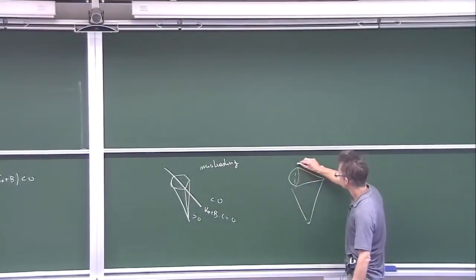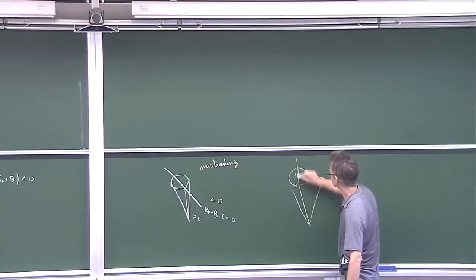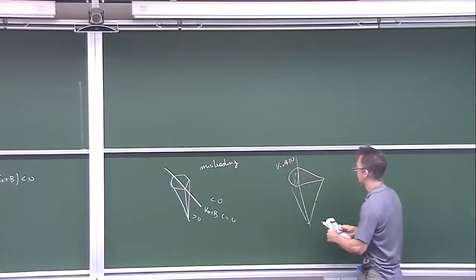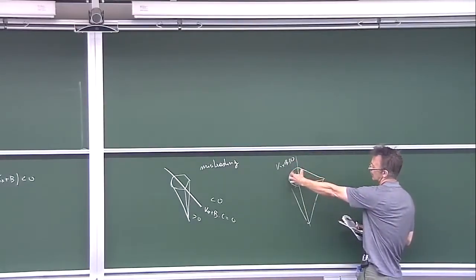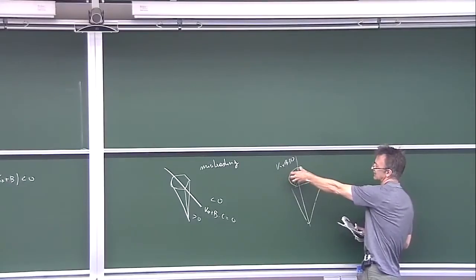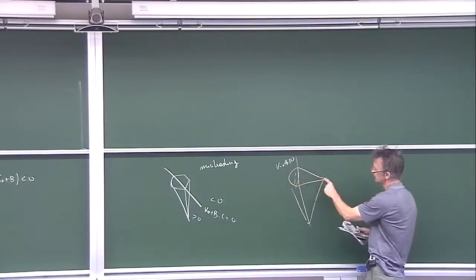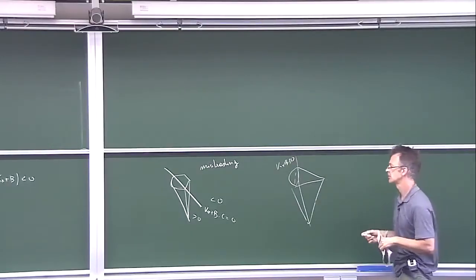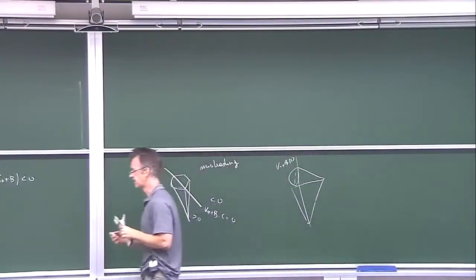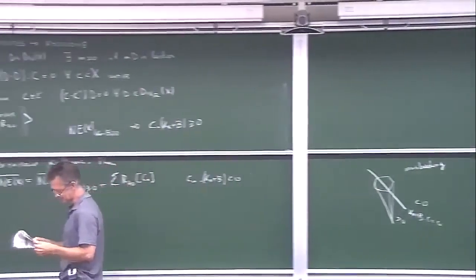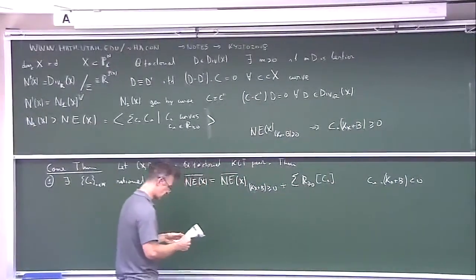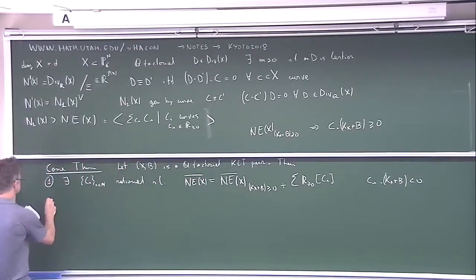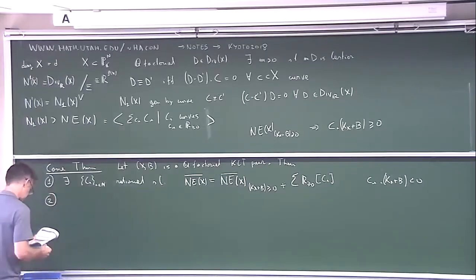This would be your hyperplane, the kx plus b positive part. So you're doing a cone over something that's not very nicely shaped. On this side, it might well not be locally polyhedral. You have to be careful about not overestimating what the theorem says, and this does sometimes lead to people making mistakes. So it's something to keep in mind.